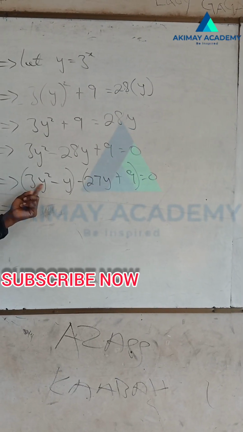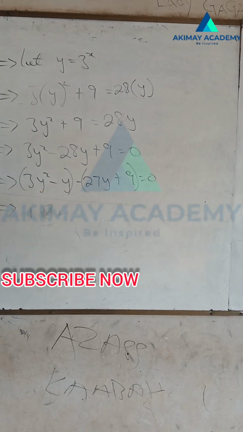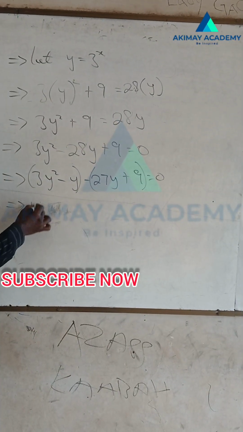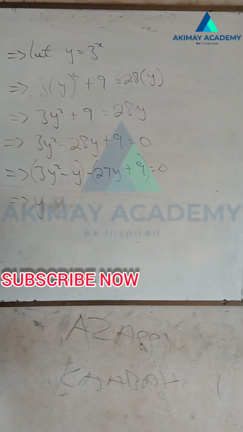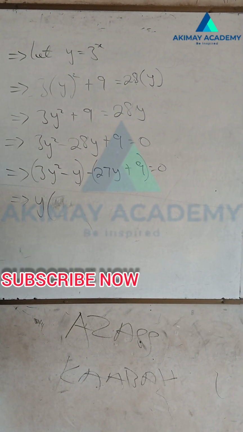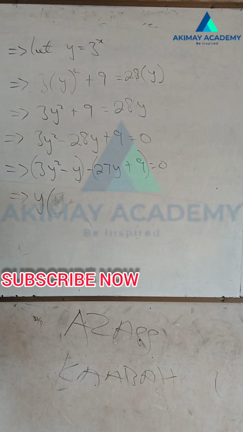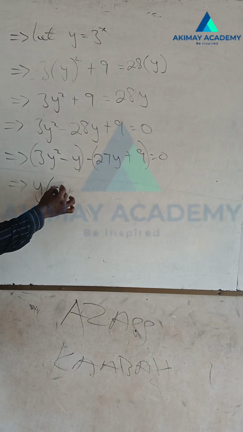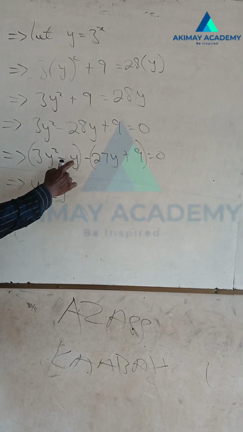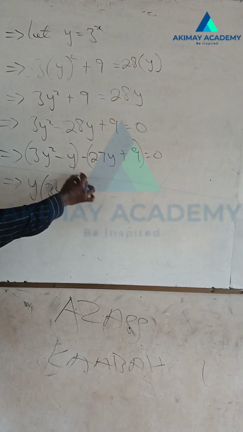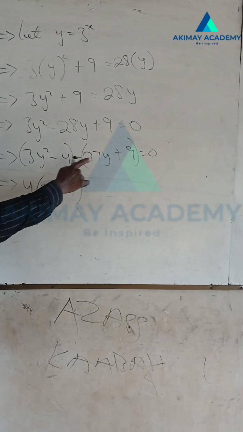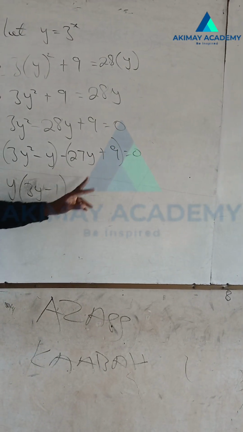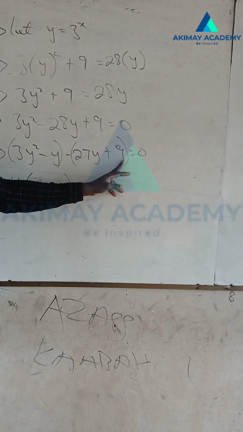So 2 of them are here, and we have 1, so we can bring 1 of the y's out. Then here we have taken 1 y out, so we are left with 3y. Here the y has been moved out, so we have 1.